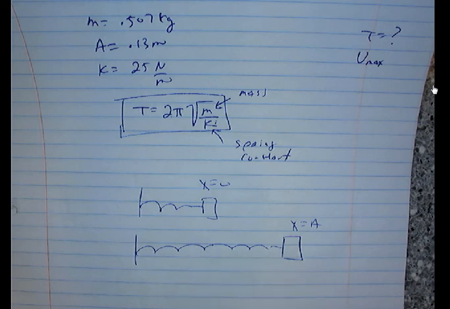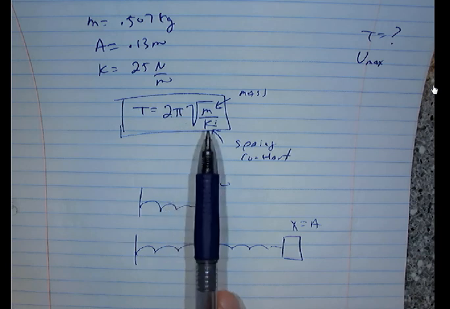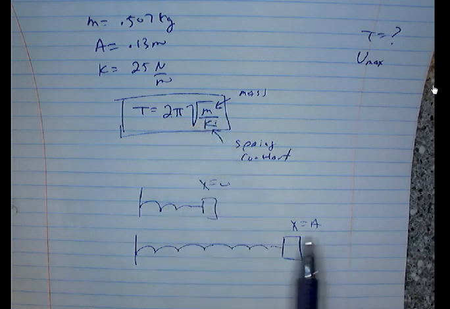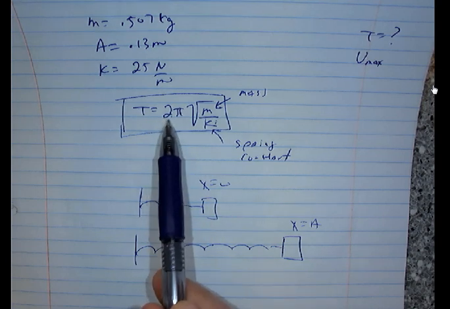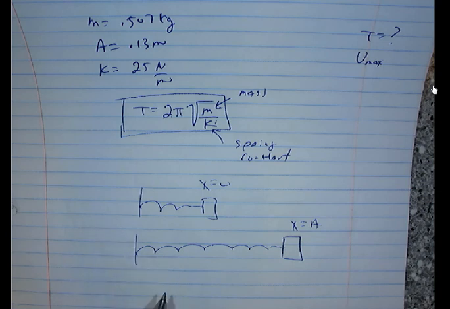The speed keeps changing. The force keeps changing. It would be really hard to figure out the period if you didn't have this relationship. You couldn't just take this distance and divide it by the time. That would give you the average speed, but it would be a lot more complicated because the acceleration keeps changing. So this is the way to get the period.